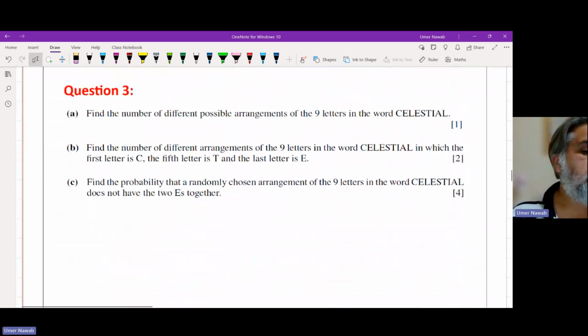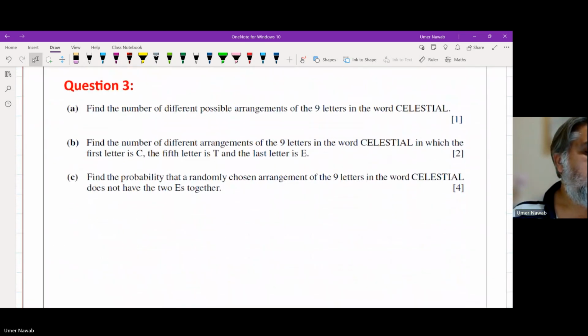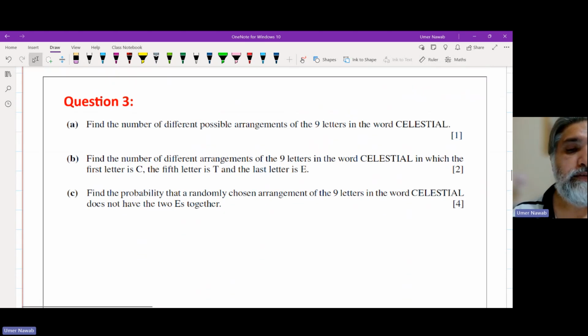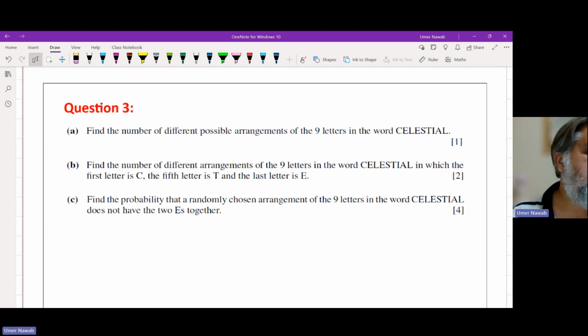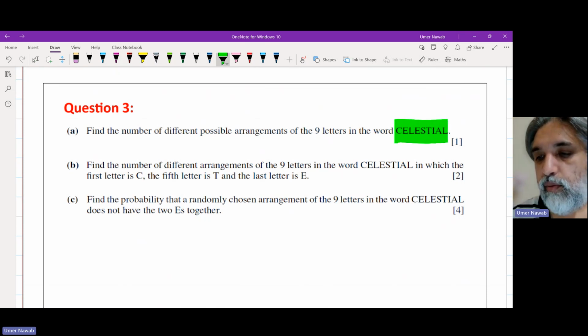Now we go to question number 3, boys. Question number 3: find the number of possible arrangements of the 9 letters of the word celestial. Okay, so this is the word.